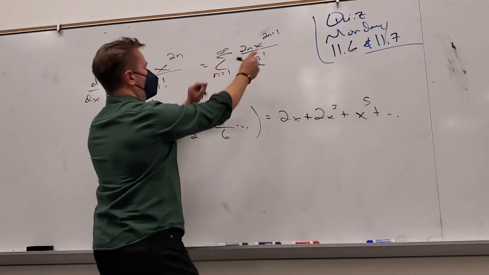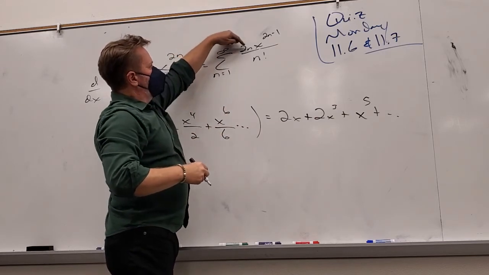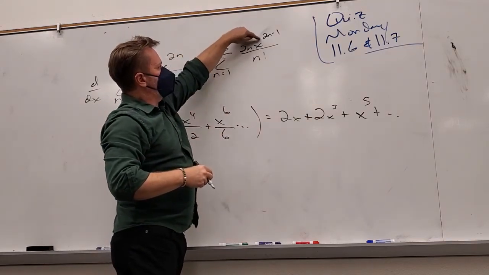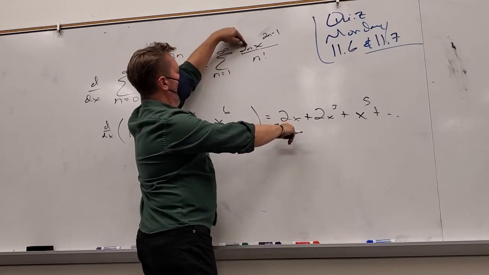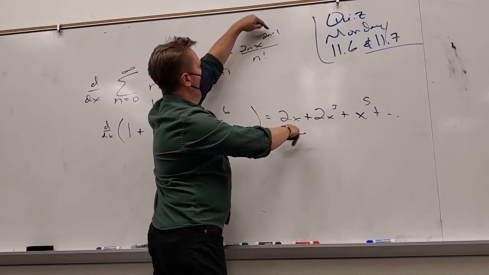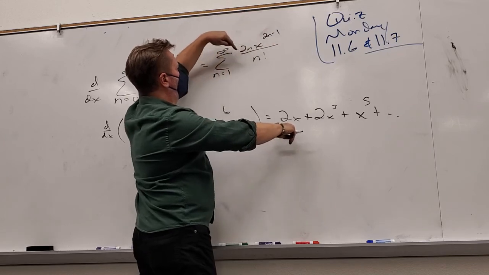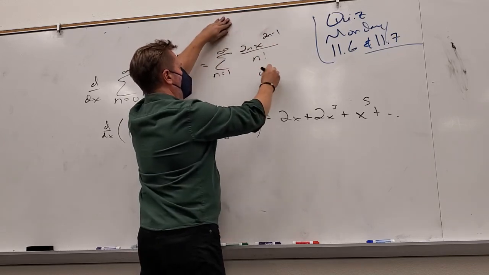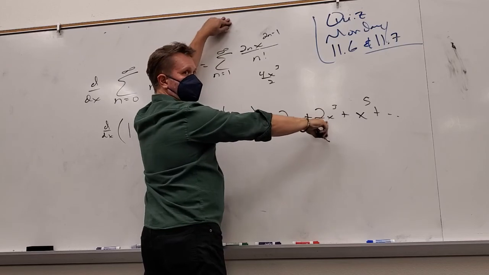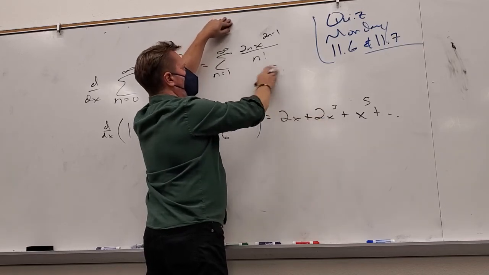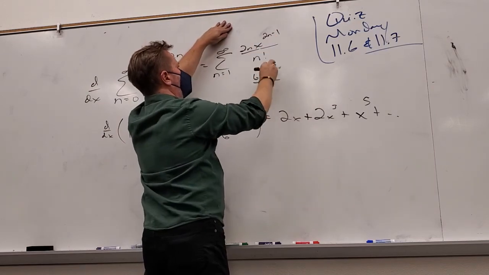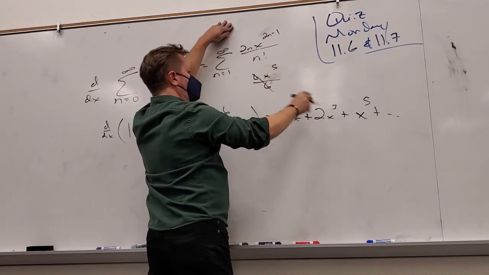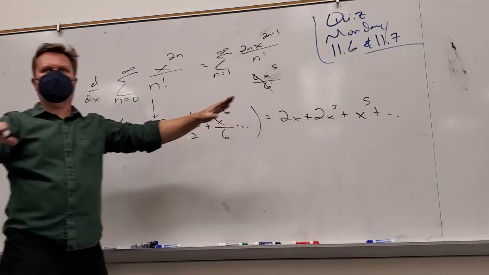Let's see if that matches. If n is 1, I get 2x, bang, right? If n is 2, I get 4x to the 3rd over 2, that's 2x cubed. And if n is 3, I get 6x to the 5th over 6, x to the 5th, and so forth, right?